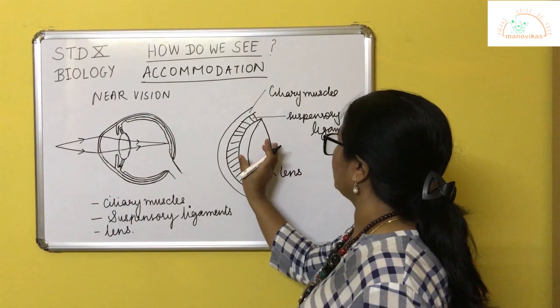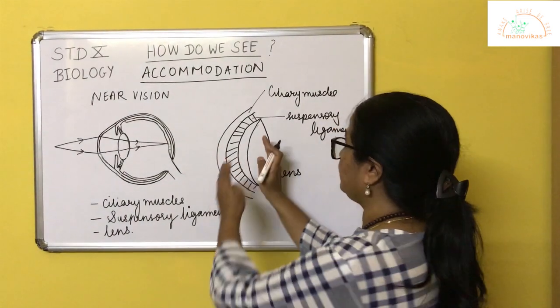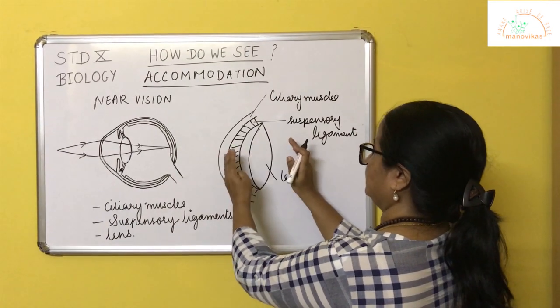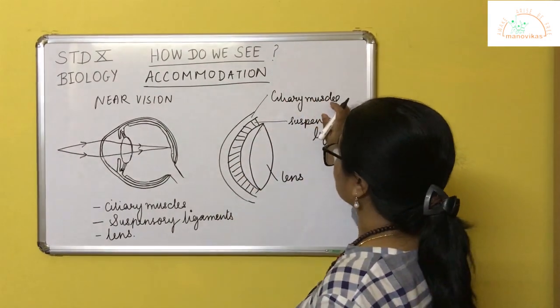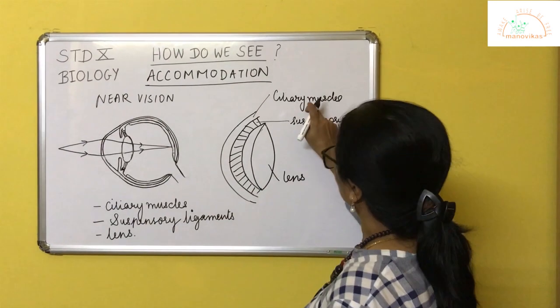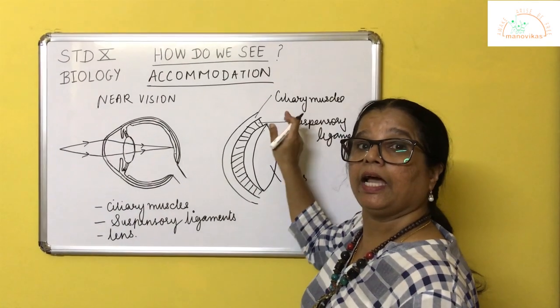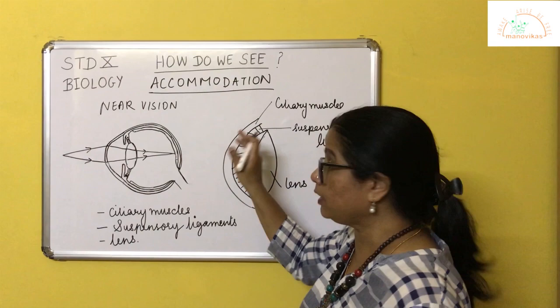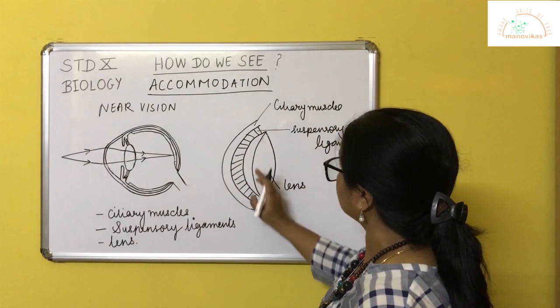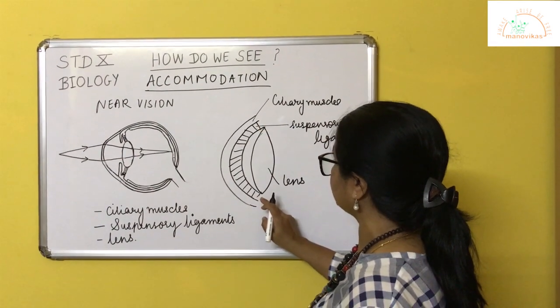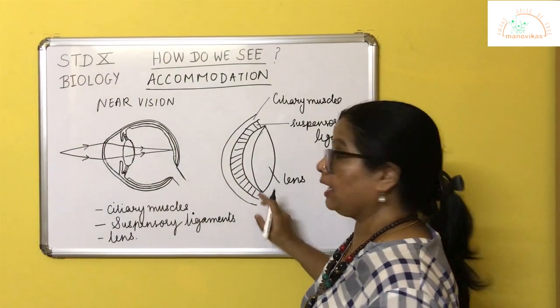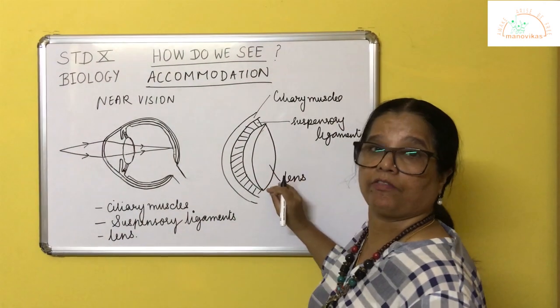This becomes more convex, so it becomes thicker. Again I am repeating, the ciliary muscles contract, and because of the contraction of the ciliary muscles, the ciliary processes push forward towards the lens. The suspensory ligaments slacken, they relax, and the lens becomes more convex.